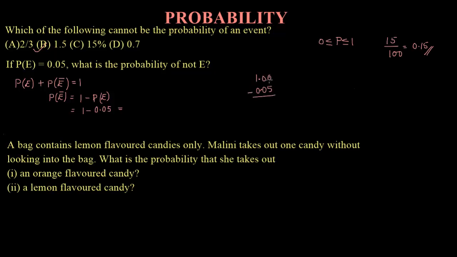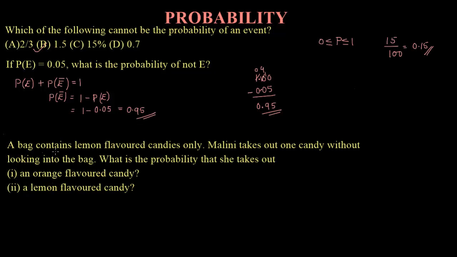Now you need to subtract. This will become 0, this will become 10, then 9, and this will become 10. 10 minus 5 is 5. 9 minus 0 is 9. And here 0. So this is the answer, 0.95. The probability of not E is 0.95.